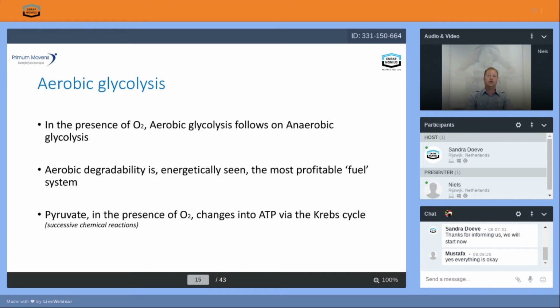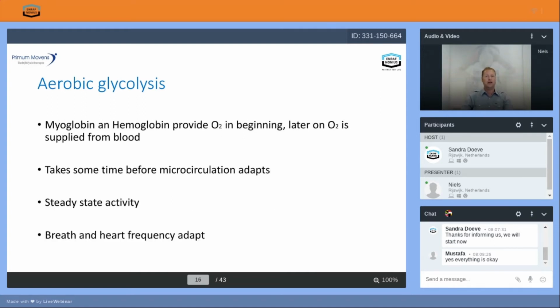If you want to learn more about that, look up Krebs cycle on the internet, and you will find plenty of information. For you as a physiotherapist, I think it's enough to know that in the presence of O2, there's a chemical process. Pyruvate will be changed into ATP, and ATP once again is used as energy source.